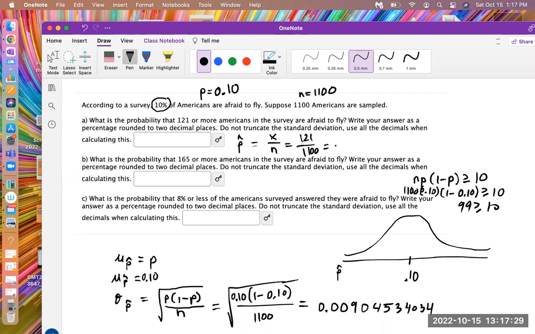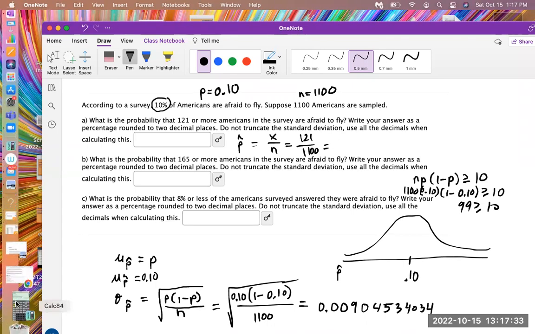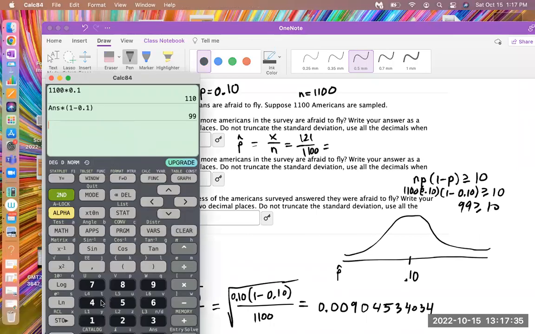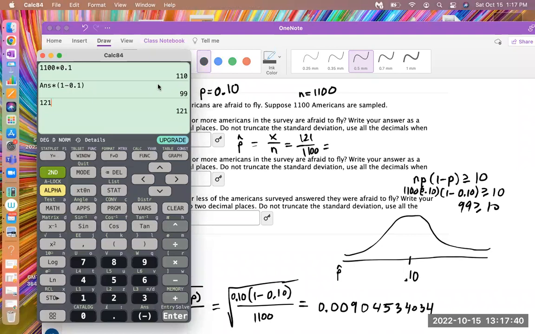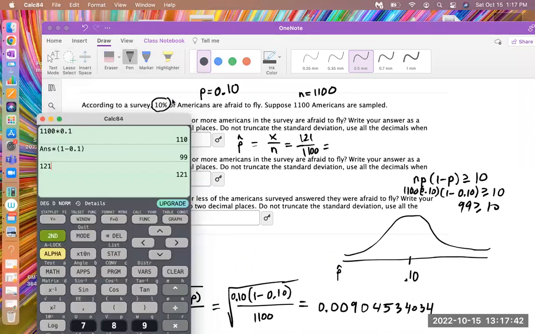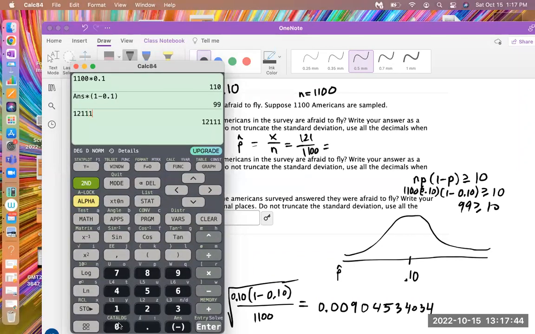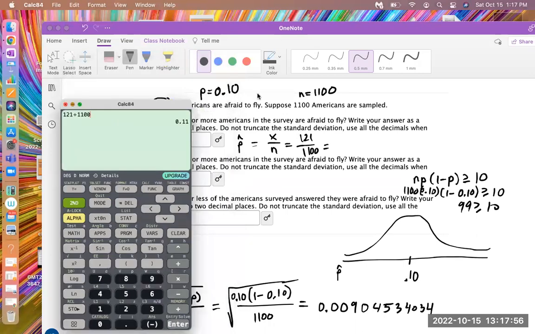That is how we're going to get the sample proportion, and that's what we need to find this probability. So 121 divided by 1,100 is 0.11.